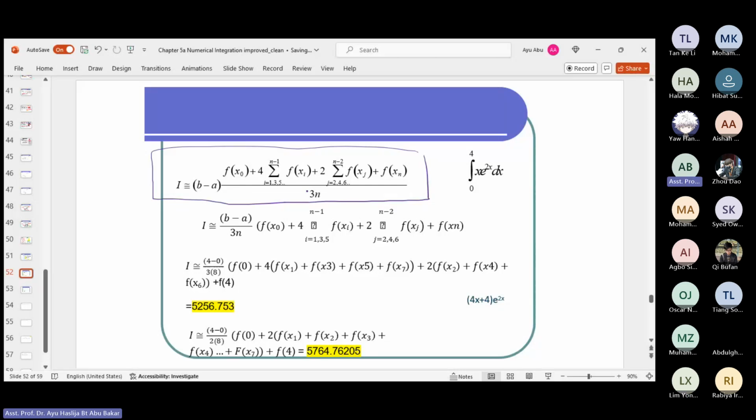What is this equation? Which rule? 1/3. 1/3 rule, yes, correct. Simpson's 1/3. See here, it refers to h over 3.